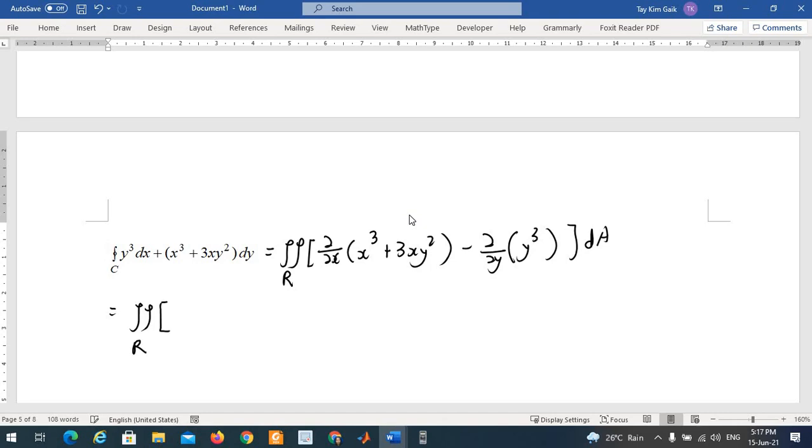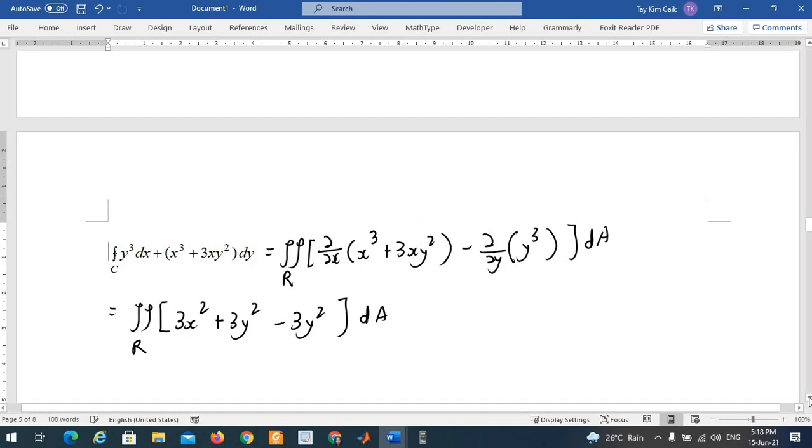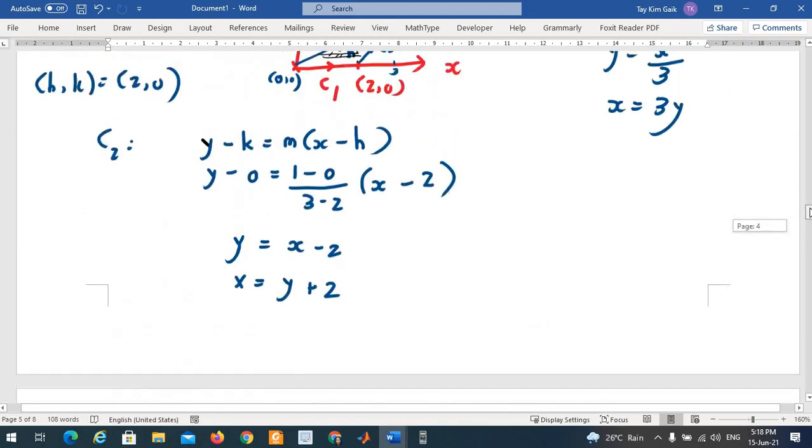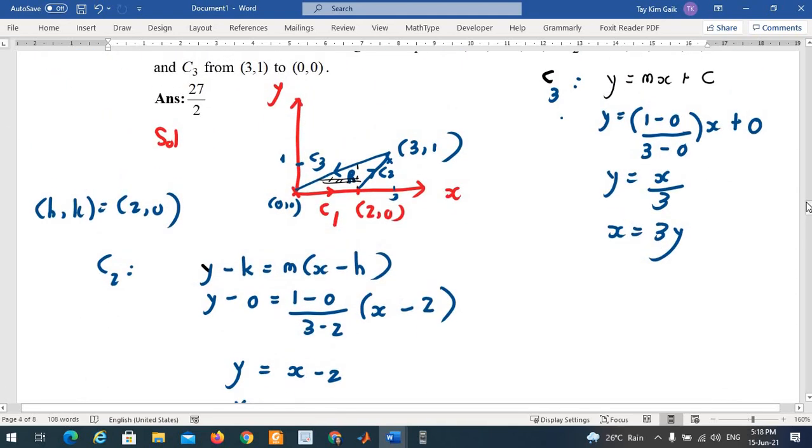So del x of x cubed, you have 3x squared. Del x of 3xy squared, you have 3y squared. Del y of y cubed, so you have minus 3y squared dA. Then you simplify, you get 3x squared dA across the region R. The region R in this case will be easier if we solve it using dx dy, I mean we find the area by forming a horizontal bar.